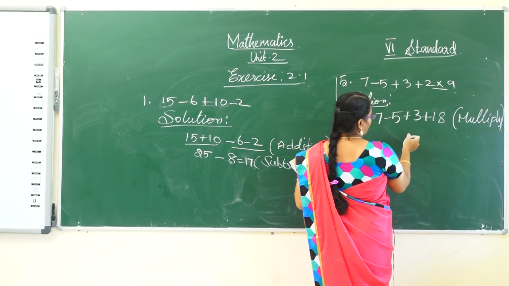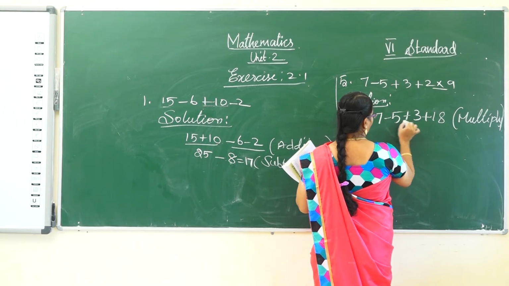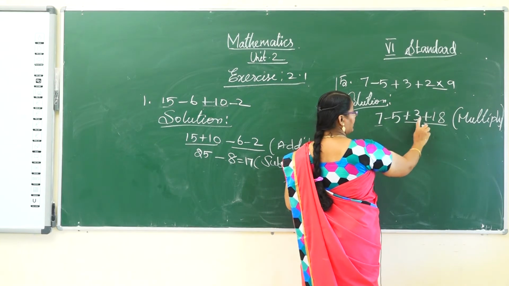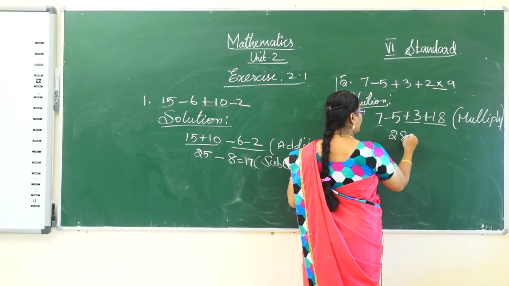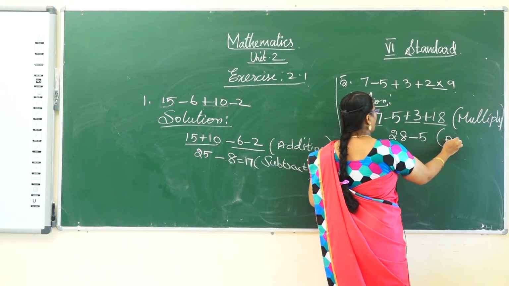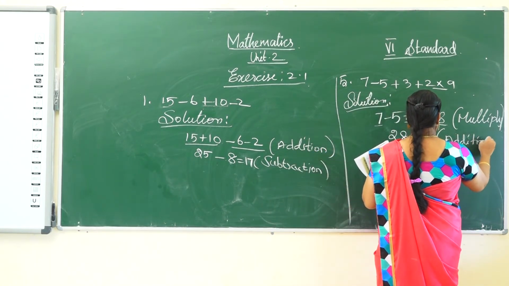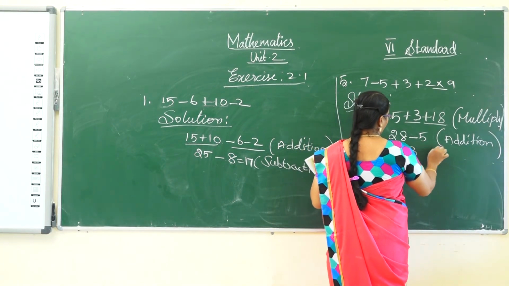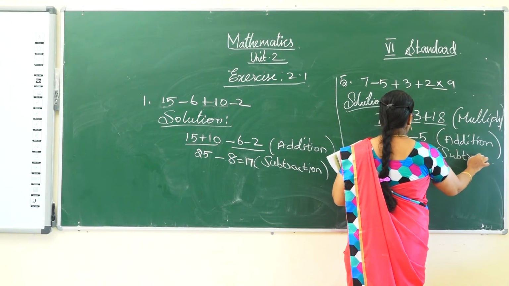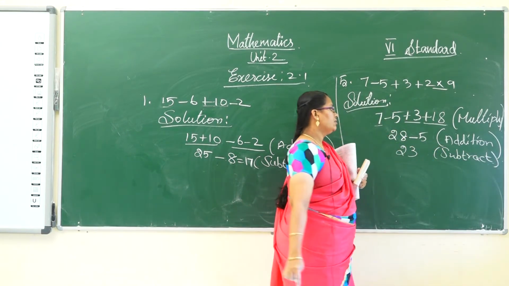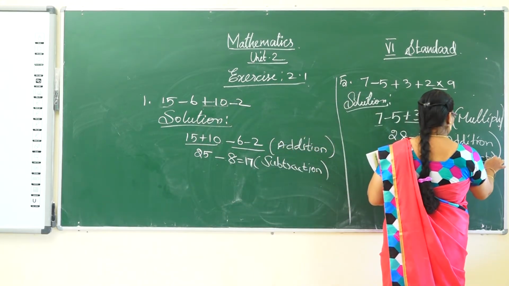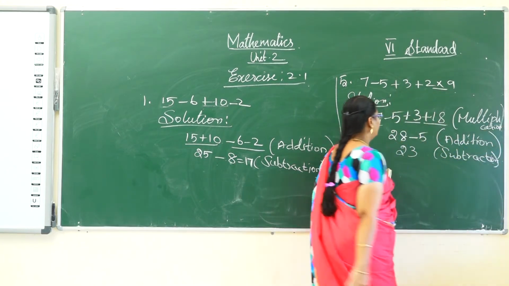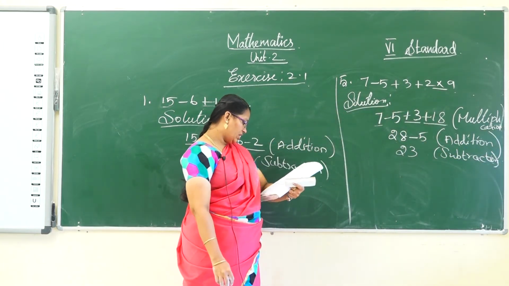Next add: 7 plus 3 is 10, 10 plus 18 is 28. Then finally subtract: 28 minus 5 is 23. So the answer for the fifth problem is 23.